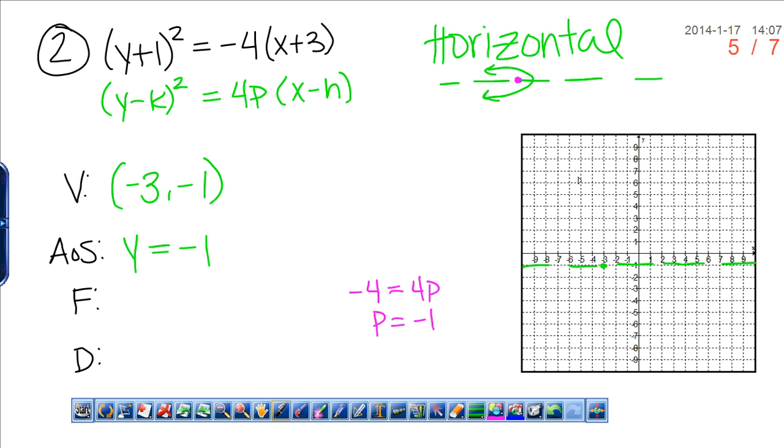So I have to go 1 unit to the left, which puts me at what ordered pair? Negative 4, negative 1. So where would the directrix be? Negative 2, but we have to give it as an equation. Good, it's a vertical line, so x equals negative 2.